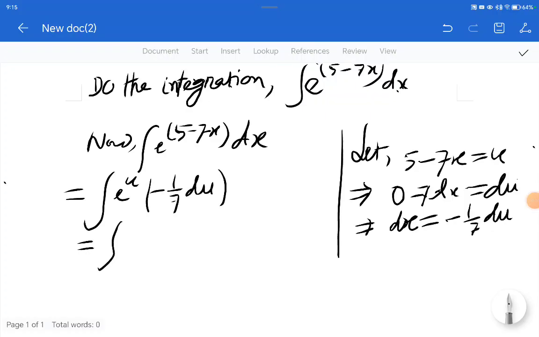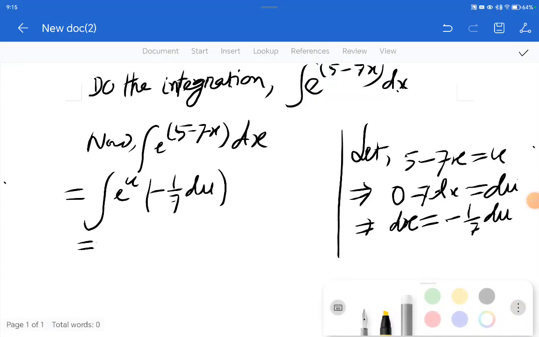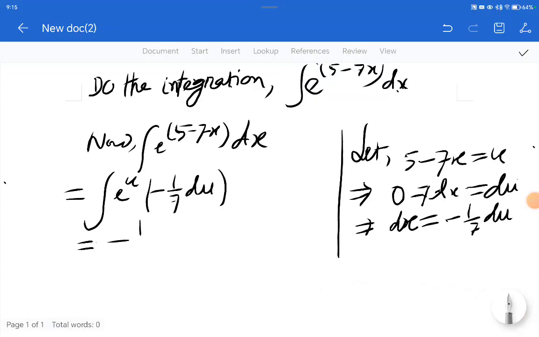Equals integration, we will take minus 1 divided by 7 in front of the integration sign, and integration e to the power u du.